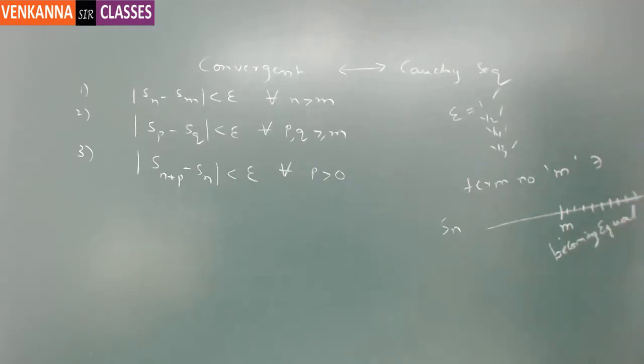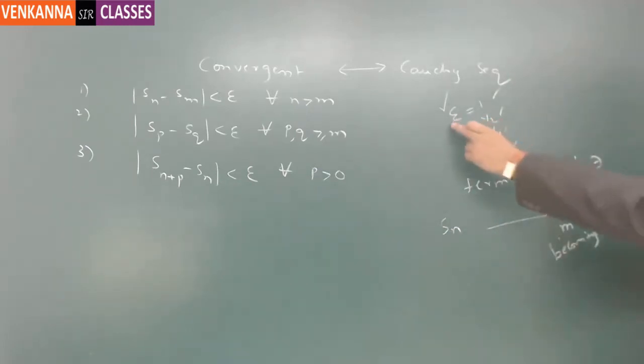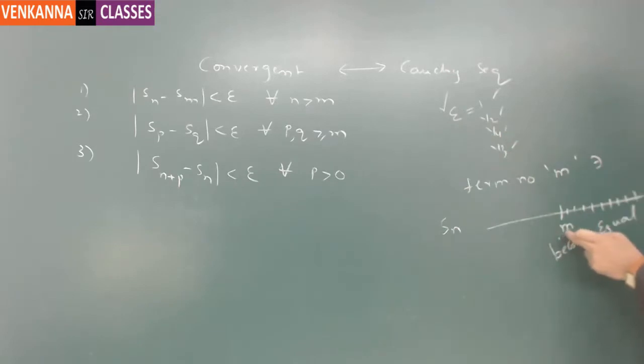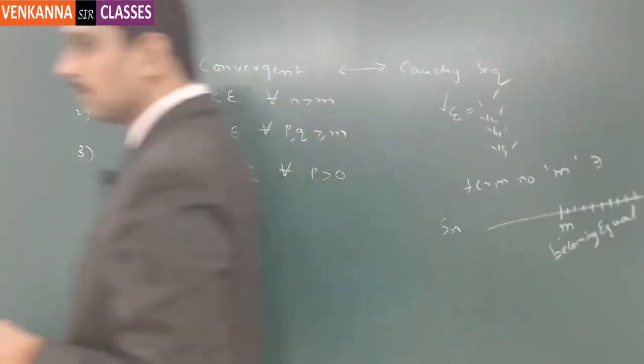However, if a gap exists in the values of the sequence, then the difference is at most epsilon. That was the whole idea. It means that for each epsilon, you are specifying a term number from which onwards the values in the sequence are becoming equal. Okay? Is that clear?